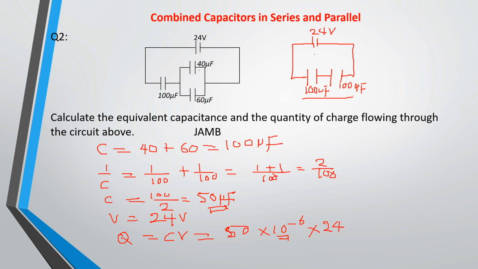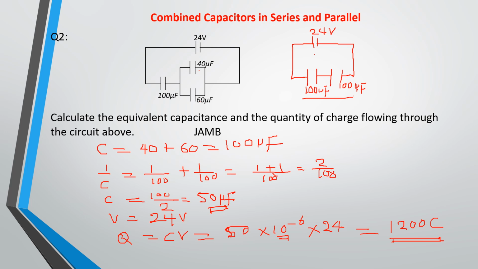All right, so by the time you multiply this out, your quantity of charge is equal to 1200 coulomb. That is what you will have as your answer. Is that okay?